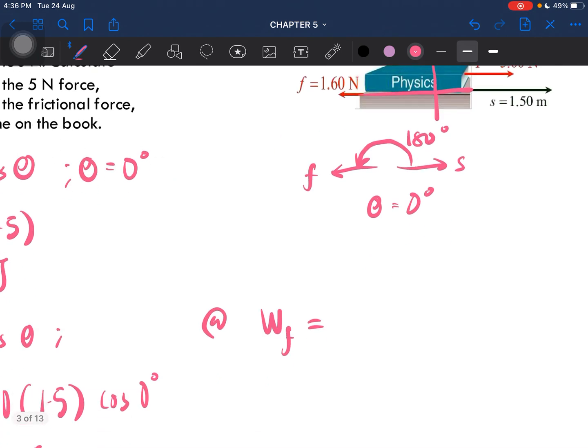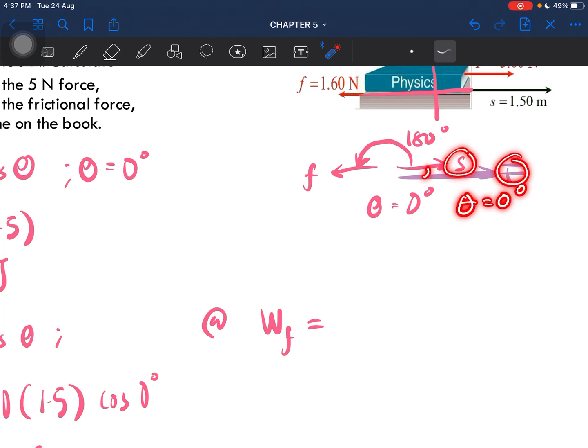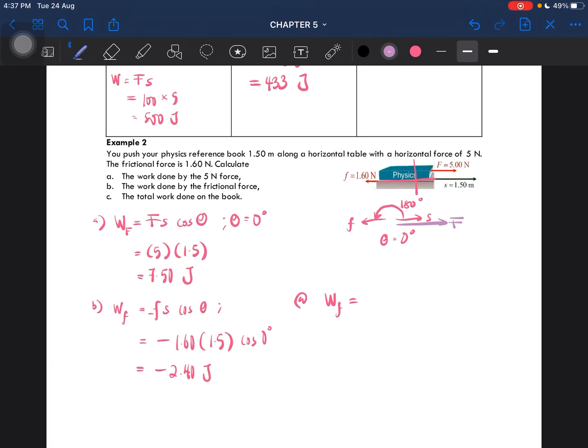If the force is here, the angle is still equal to 0 degree for F and S, capital F and S. But when we consider the frictional force, this one is at the opposite direction, so we are going to consider it from the displacement going to the frictional force. The angle is 180 degree. Okay, so you can also do that.